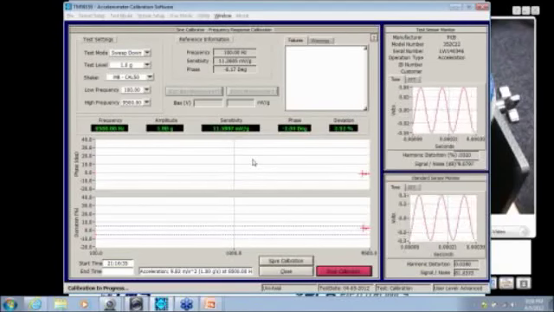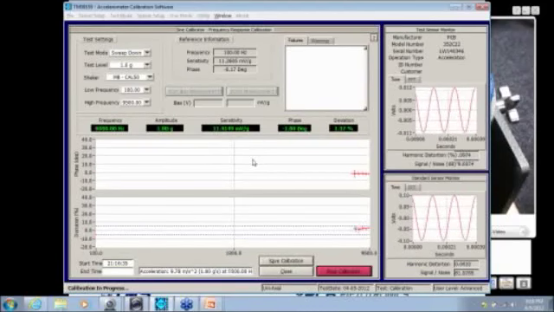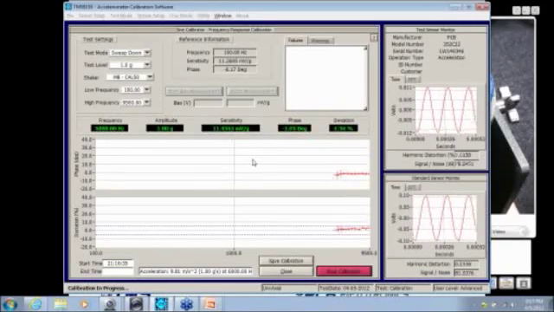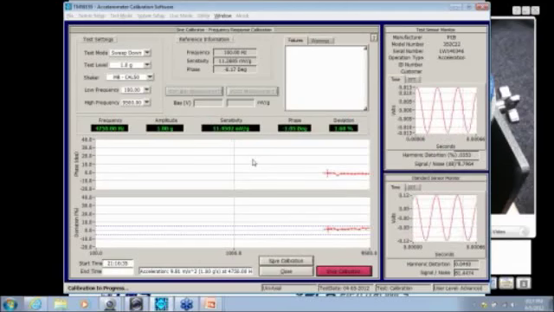So again, we're running the calibration. And again, the sensitivity at 100 Hertz is about the same as what it was. And this one is looking more like it was supposed to.